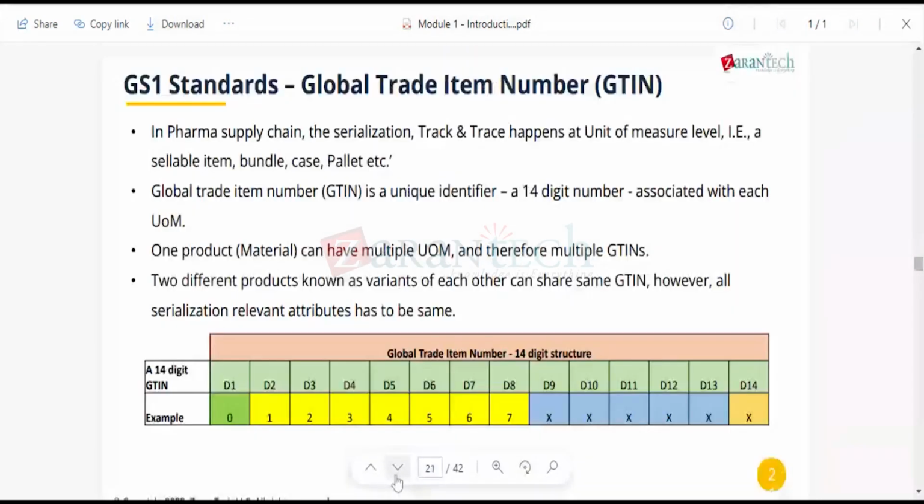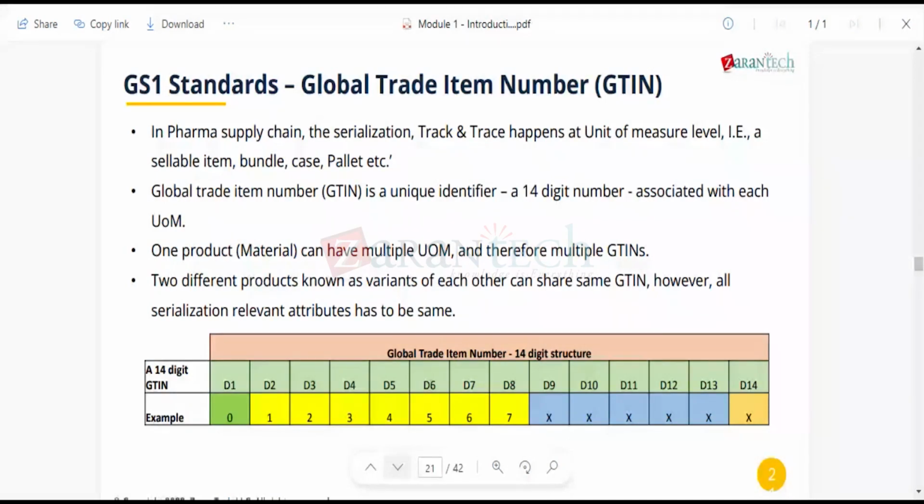This is something known as a global trade item number. As I said in the first or second slide, we have that hierarchy. And when I said that each unit of measure is serialized, a global trade item number is a unique identifier which is provided at each unit of measure. Let's say a bundle has a unique GTIN, global trade item number.